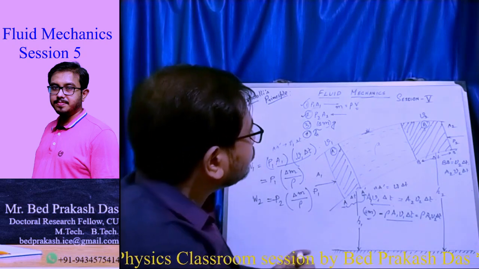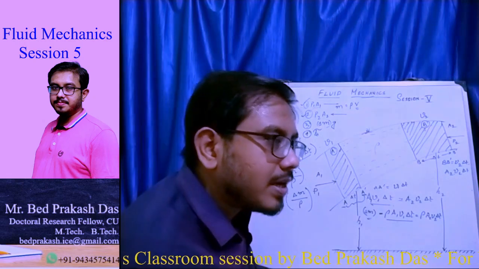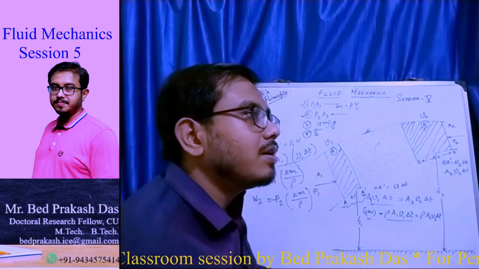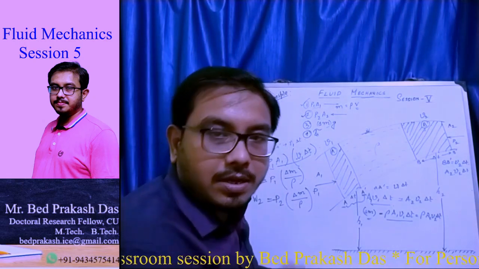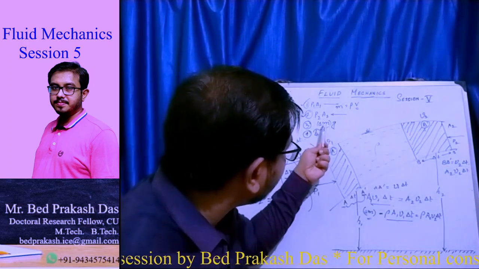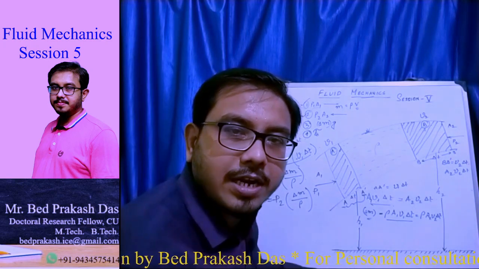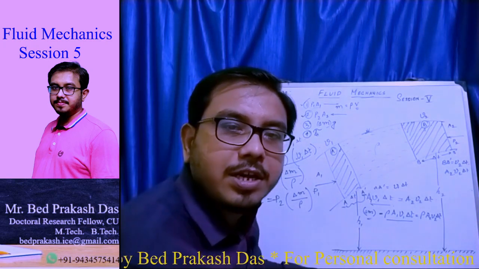Now going to the next section. Whenever we are taking into consideration the weight of the liquid, the work done by the weight of the liquid is basically the change in potential energy due to gravitational force.